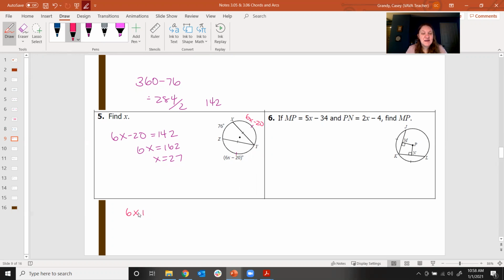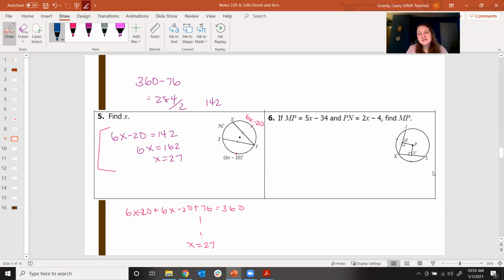So if you wanted to say that 6x minus 20 and 6x minus 20 and 76 equaled 360 and solve that way, you are going to get the same answer that I got, and it is still correct. So whichever way you want to think about it, both ways are right. Personally, I think this way was faster, but this way works also. Okay, so if they're congruent, you're allowed to make them the same, and then you know the sum of the entire circle is 360.